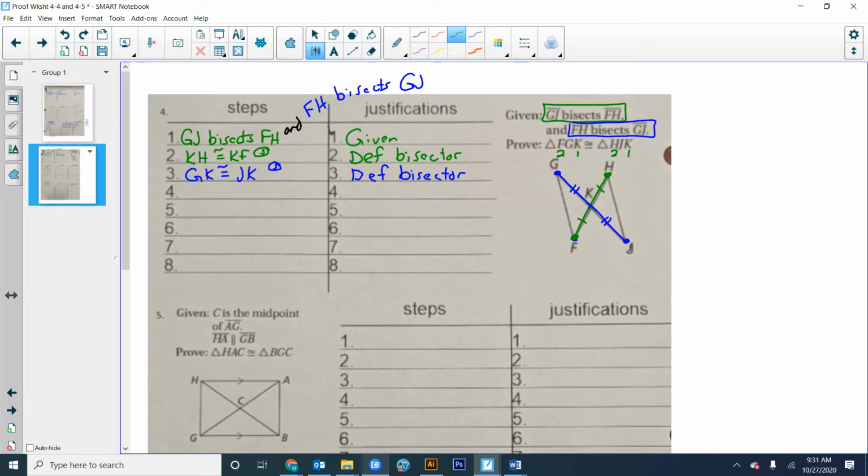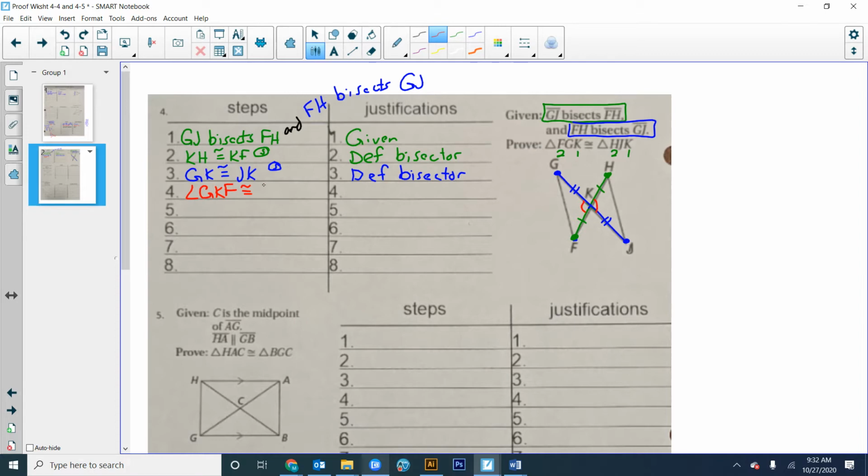So now we need to look to the picture and think about whether there are any other proof hints, proof clues we see. Vertical angles. I see those vertical angles too. Could you name them congruent for me? Name them correctly. Angle GKF: you go along the blue segment to the center and then across the green segment.